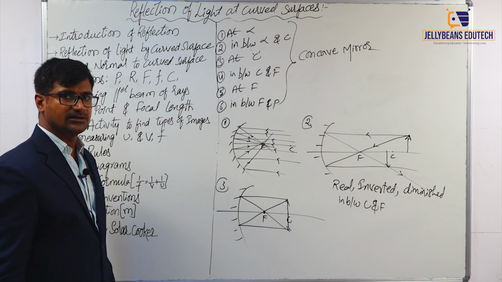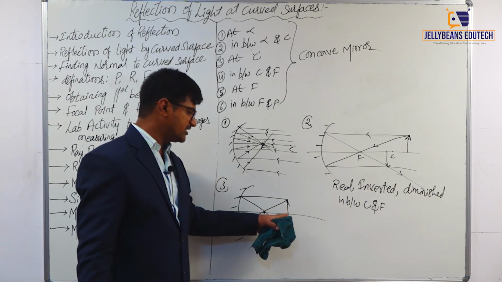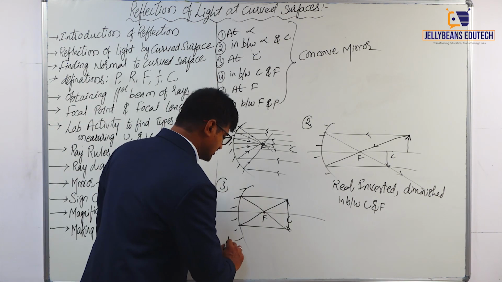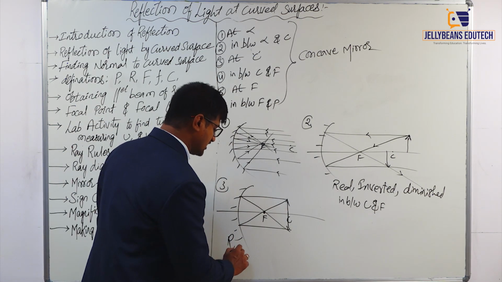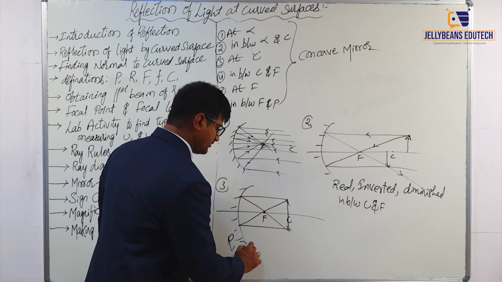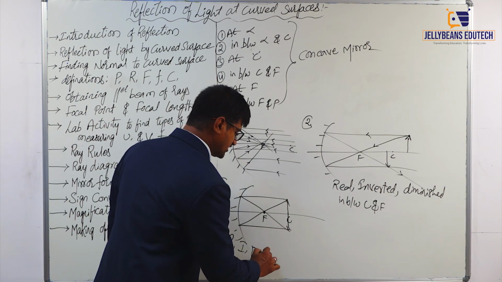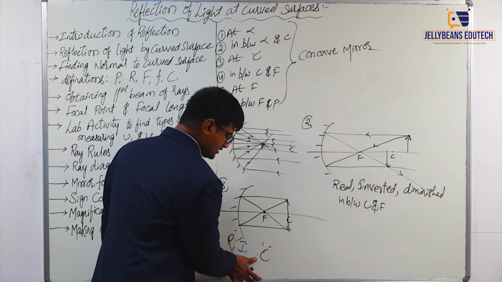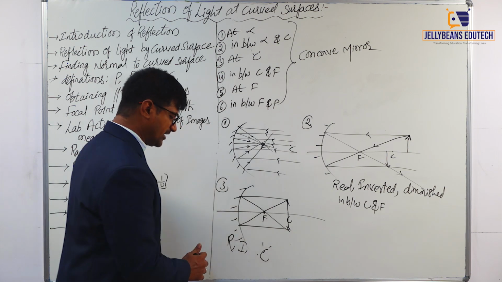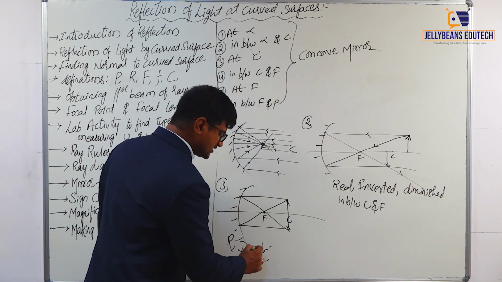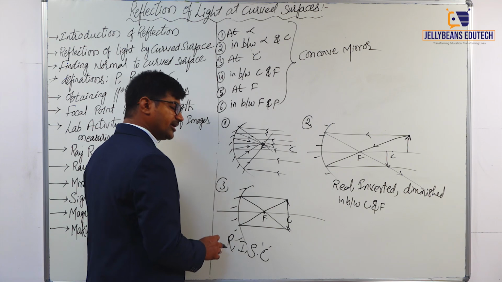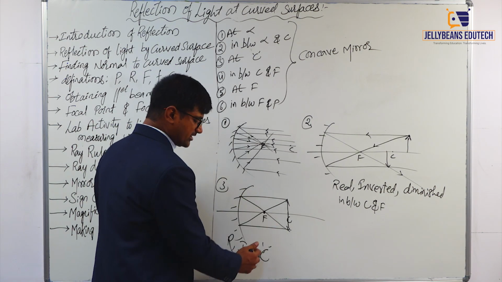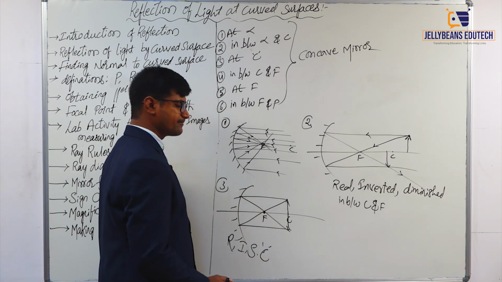In this way, when the object is placed at C, the image is also formed at C. Here the image is real, inverted, and of the same size. It is neither diminished nor enlarged. It is the same size as the object and it is formed at C.